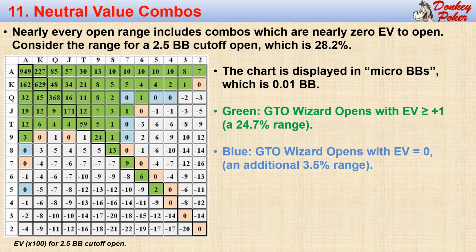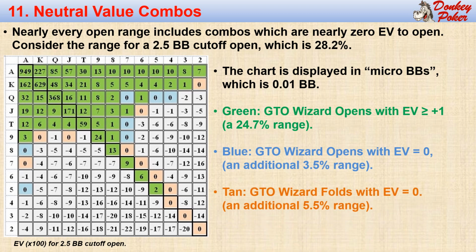The green cells indicate GTO Wizard open combos with a positive EV of at least 1 micro BB. This is a 24.7% range. The blue cells indicate 0 EV combos, but which are still GTO Wizard opens. Perhaps they are slightly positive, but get rounded off to 0. This is an additional 3.5% range.